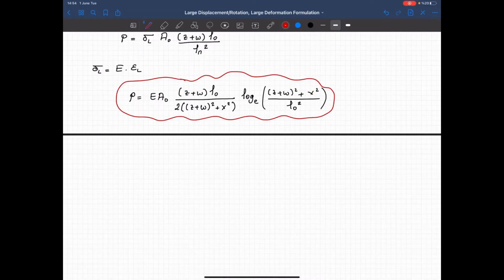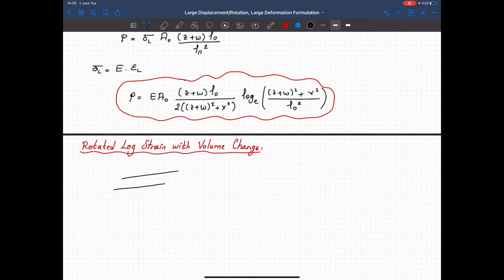So as a final step, let's consider the volume change as well. So rotated log strain with volume change. Here what we are saying is this.